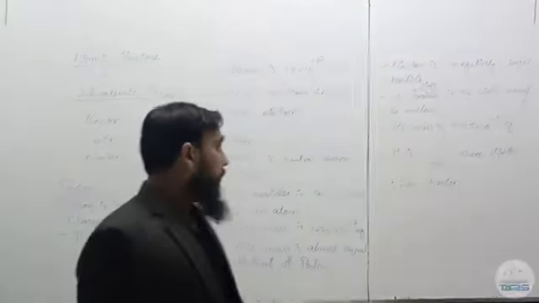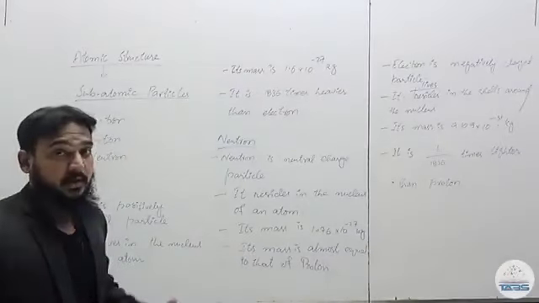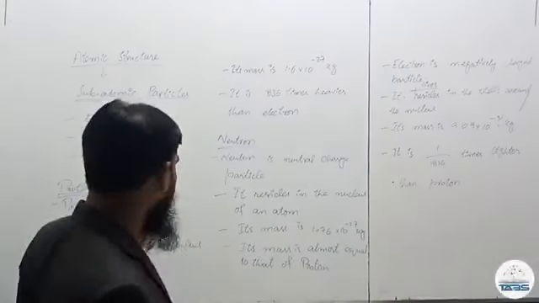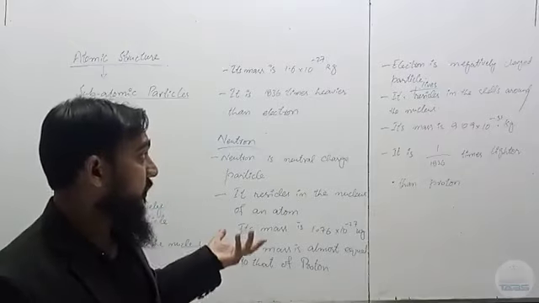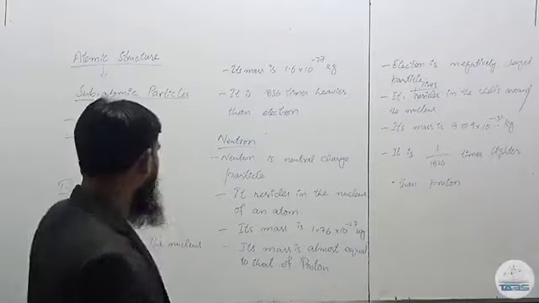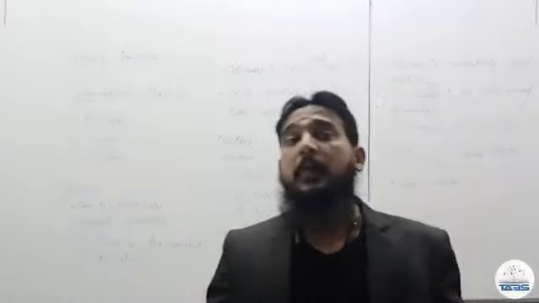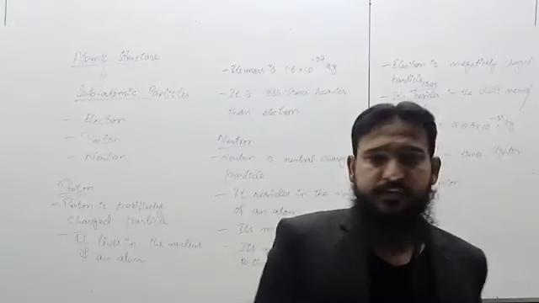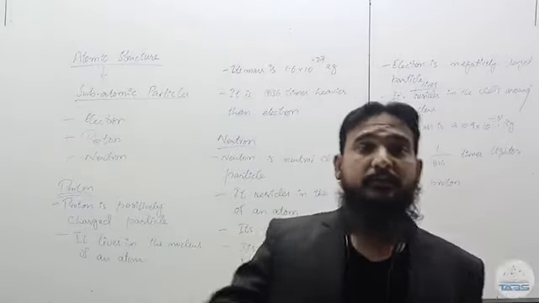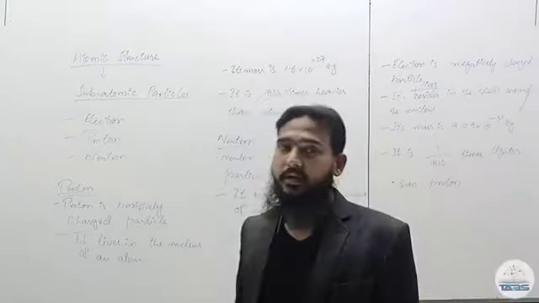Here is a comparison of all three. Electron is the basic particle, and here is the proton, and we can see the neutron. The three have different natures, and the properties also vary from subatomic particle to subatomic particle.